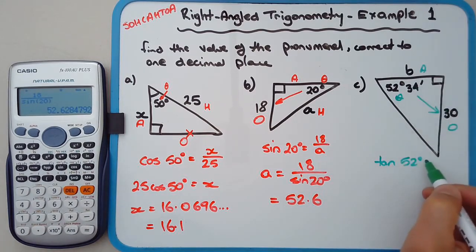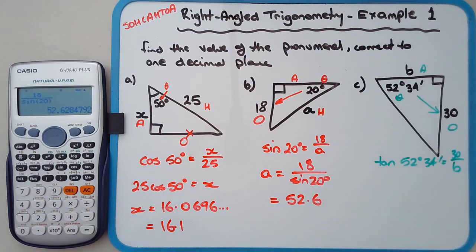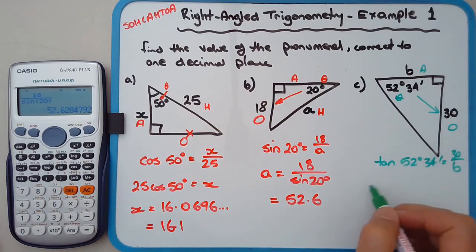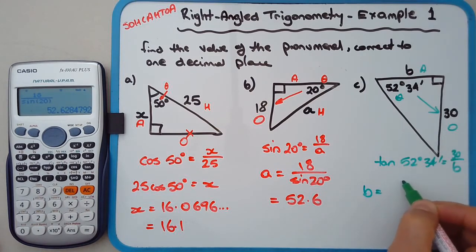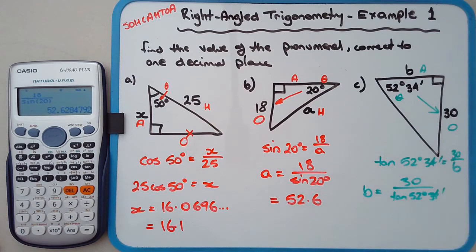So tan of 52 degrees 34 minutes is equal to 30 over B. Now again, the unknown is in the denominator, so we need to flip the fraction around, or put the 30 on top of the tan 52 34. So B is equal to 30 over tan of 52 degrees, 34 minutes.